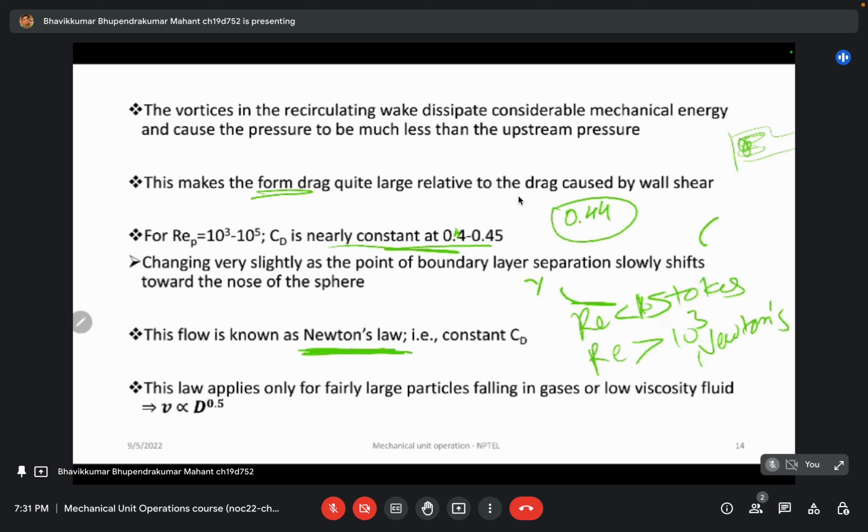And the value of this coefficient is constant, and you can consider 0.44. In Stokes law, terminal velocity is proportional to dp square. In Newton's law, it is proportional to d raised to 0.5. That is the most important thing, that the dependence on particle diameter is drastically reduced. This law applies only for fairly large particles falling in gases or low viscosity fluid, and terminal velocity is proportional to d raised to 0.5 or 1 upon d square.